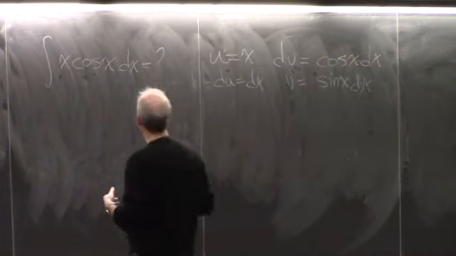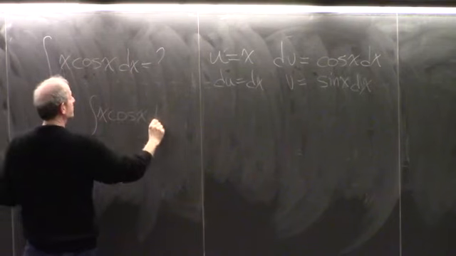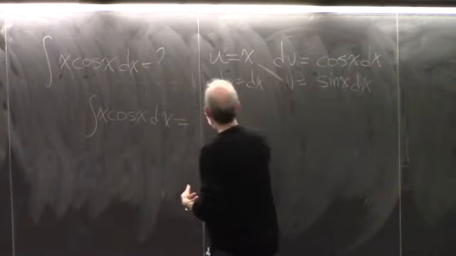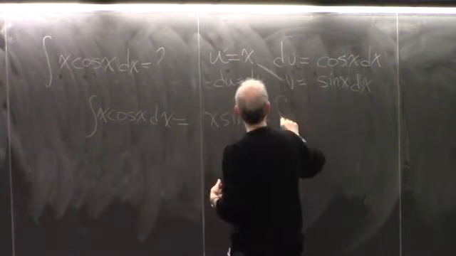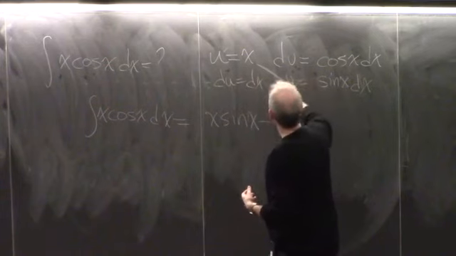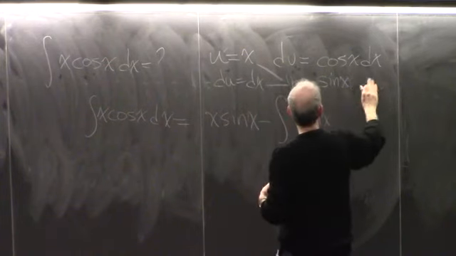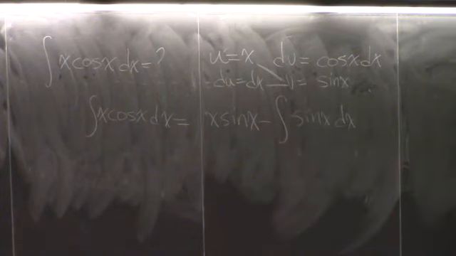So now my formula says the integral of x cosine x dx is u times v, which is x times sine x, minus the integral of v times du, which is sine x dx. That's the x derivative.